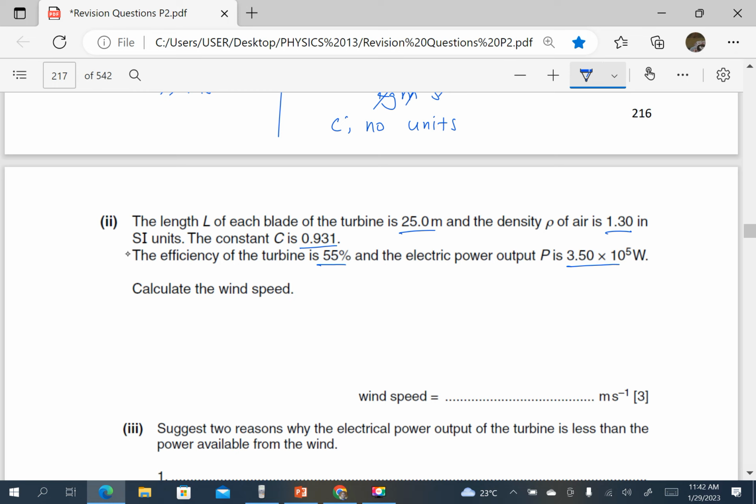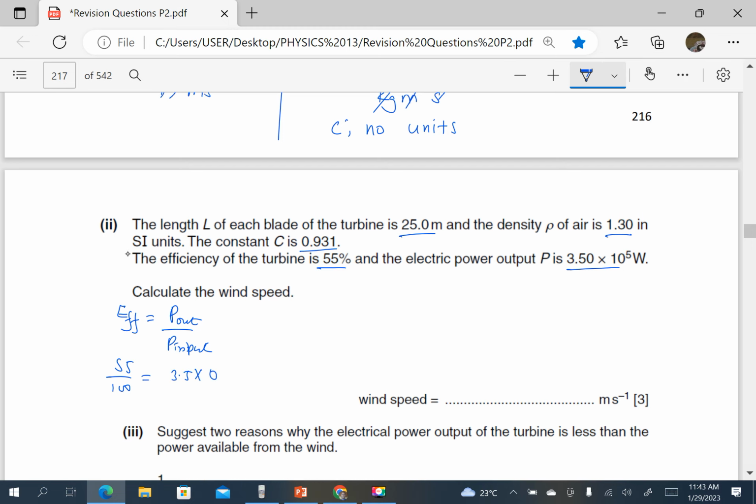We know that efficiency is equal to the power output over the power input. So the efficiency is 55%, which is 55 over 100. The power output has been given as 3.5 times 10 power 5. Then the power input is not known, so we are going to find it.